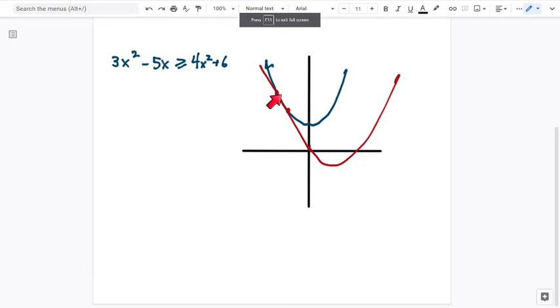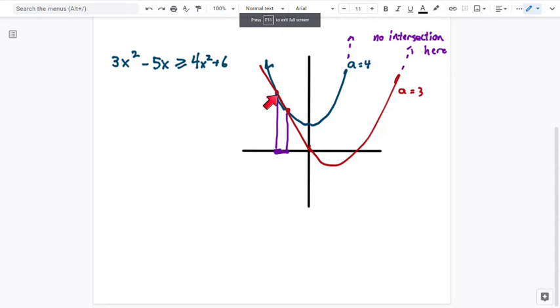If there are going to be intersections, especially if this comes from a textbook, chances are there will be some intersections. According to my graph, if there are going to be intersections, those are going to happen right here in the negative realm. It's only going to be a small area, if at all, where the blue graph dips below the red graph, or rather where the red graph is above the blue. Notice here, I'm looking at the red graph as the left-hand side, should have values for y being above the y values of 4x squared plus 6.